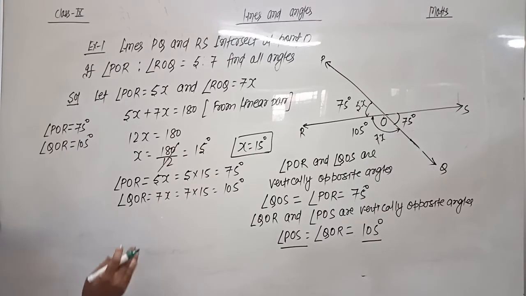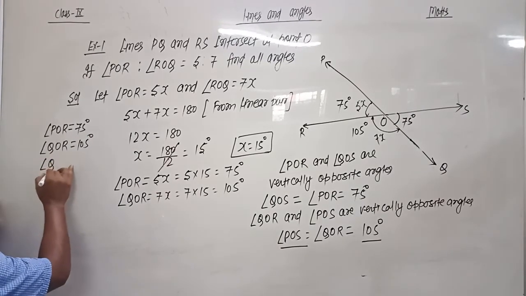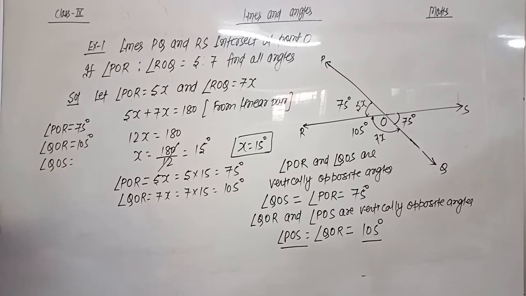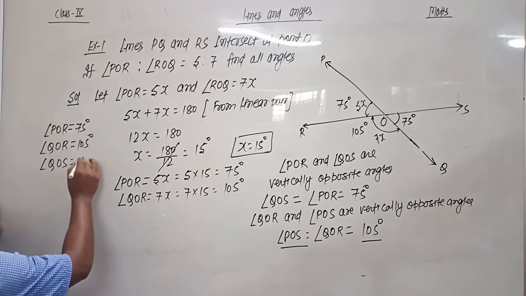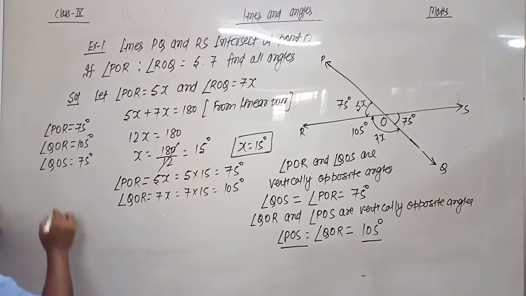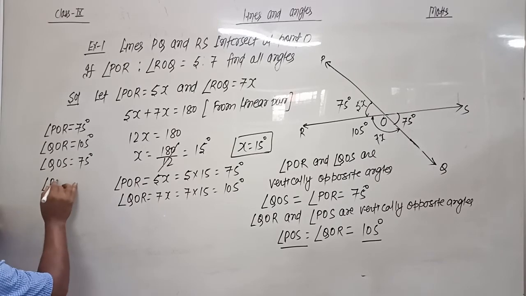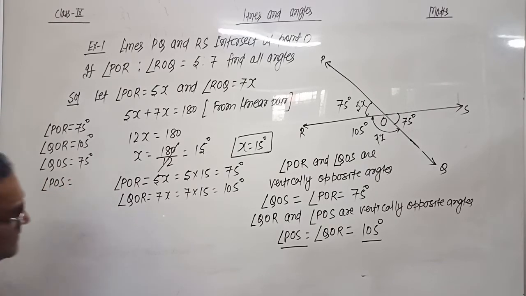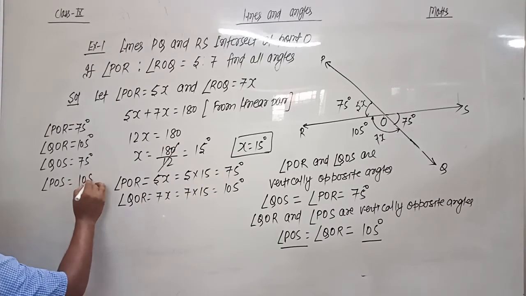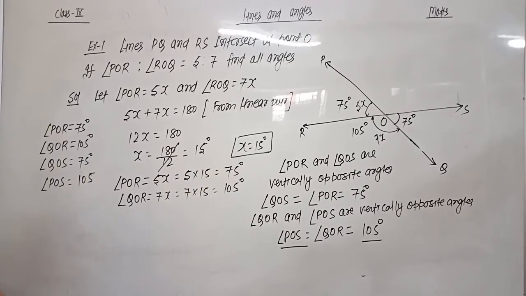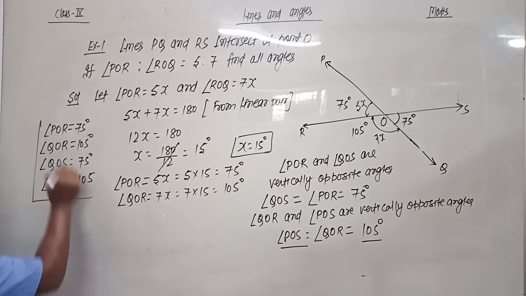Angle QOS is 75 degrees, and angle POS we have calculated 105 degrees. So we get all these 4 angles.